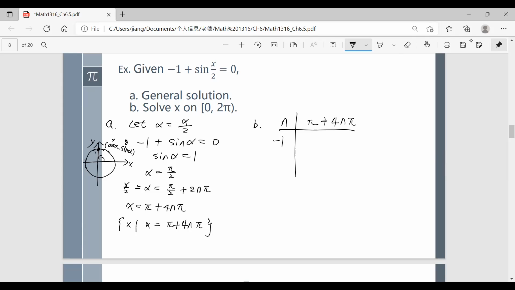It's not in the domain here, so I don't choose it. How about 0? If I put 0 here, I get pi. Yes, it's in this domain. How about the positive one? If I plug in n equals 1, pi plus 4 pi, that's 5 pi, which is bigger than 2 pi. So I don't choose that. So this is the only solution for x on the interval 0 to 2 pi.